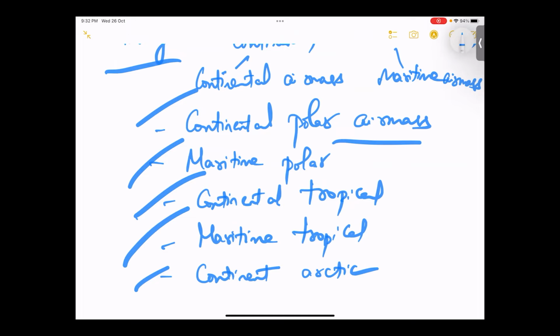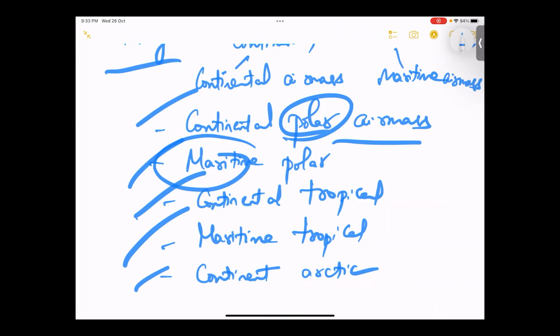Because it's a polar air mass, it has low temperature as well as low moisture in the polar region. So coming to the maritime polar, again, because of polar, it has low temperature. But then it's a maritime, so oceanic air mass. And then coming to continental tropical. So tropical means obviously the temperatures will be high.